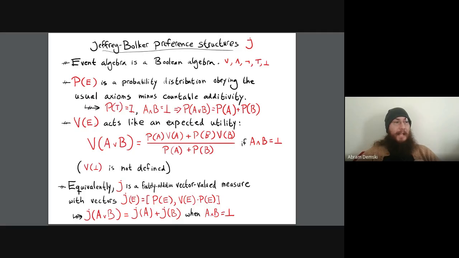And then the value of a proposition, or the value of an event, acts like an expected utility, by which I mean it follows this averaging rule: if A and B are mutually exclusive, then the expected utility of A or B equals the expected utility of A times its probability plus the expected utility of B times its probability, normalized by the sum of the two probabilities.